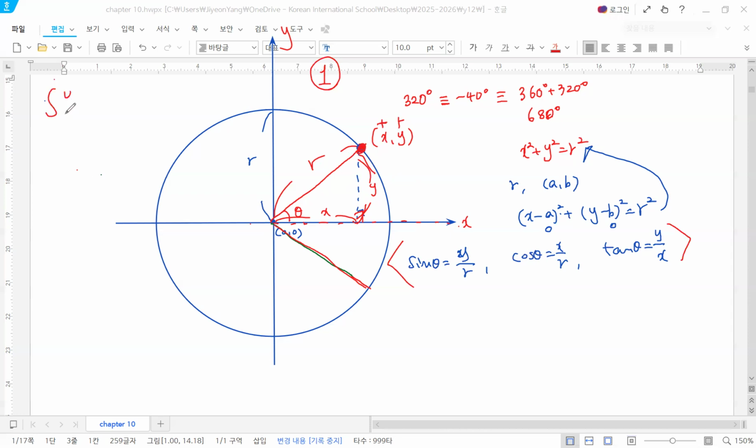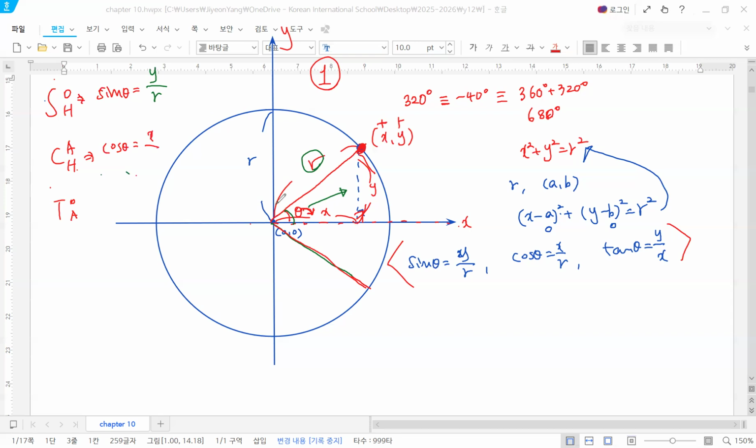And then SOHCAHTOA. It means that sine theta is opposite over hypotenuse. From this angle, opposite is y, right? So it's going to be y over hypotenuse. The length of the hypotenuse is exactly the same as the radius of this circle, which is r. And CAH means that cosine theta equals adjacent over hypotenuse. From here, adjacent of this angle is x, right?